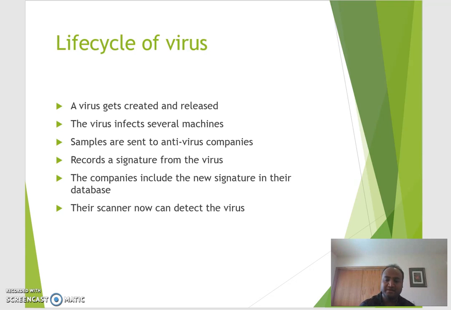This is really hard because there are thousands of new viruses released every day, and if those viruses are not sent to one of the antivirus companies, it would be hard to detect them. So there are a lot of reporting mechanisms users use to provide samples to antivirus companies and make sure they can add those to their list. Once you purchase one of those antivirus software, it can detect them.